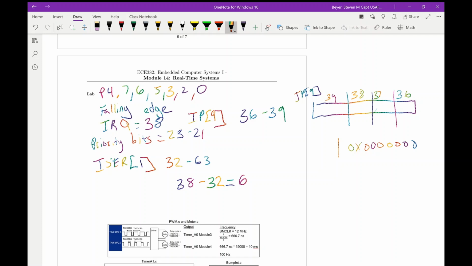So in the past, we've done something along the lines. So take a look at timer A1 in the past. We had a timer A1 task, right?